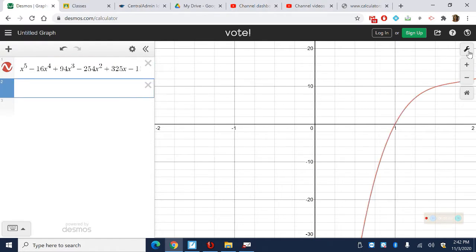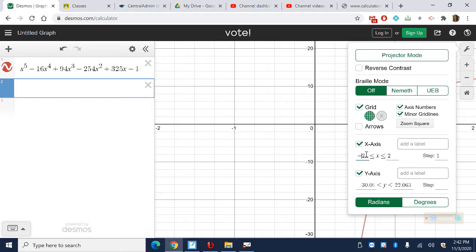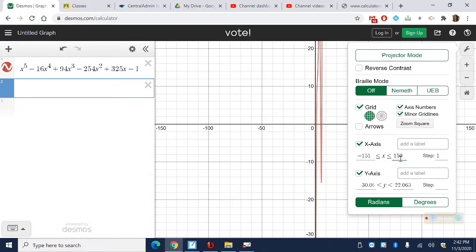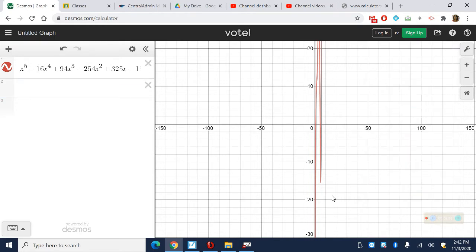And we need to come to the wrench, and we need to go negative 151 to positive 151. It doesn't really matter the steps. We can go by tens to make it a little bit easier for ourselves.